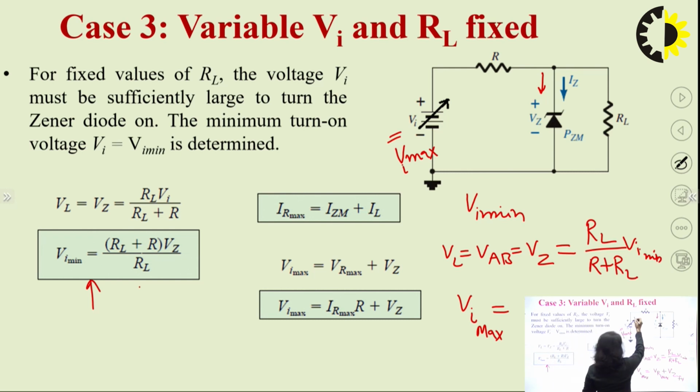If Vr is maximum, then IR will also be a maximum value.